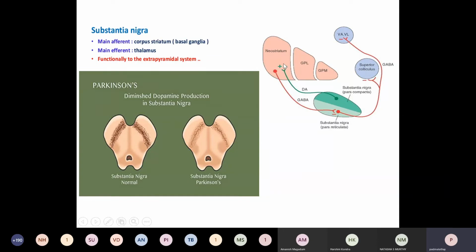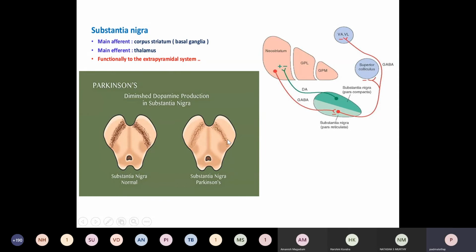In Parkinson's disease, because of the diminished secretion of dopamine, where the melanin component and the dopamine component in the substantia nigra is less in amount, it leads to Parkinson's disease.